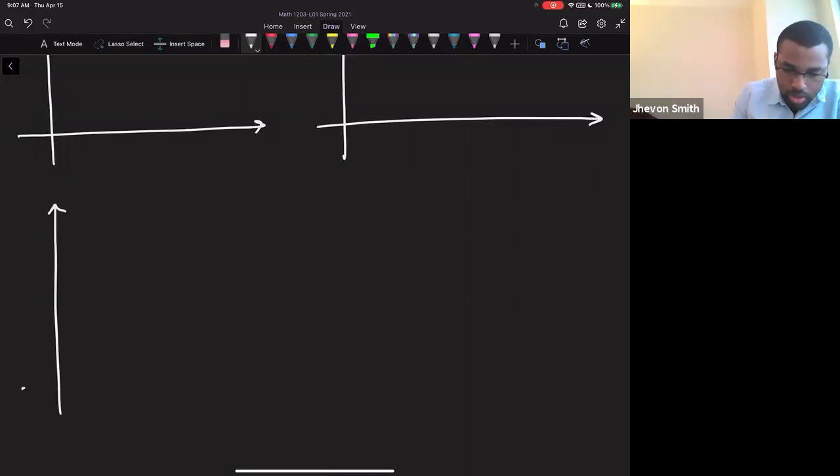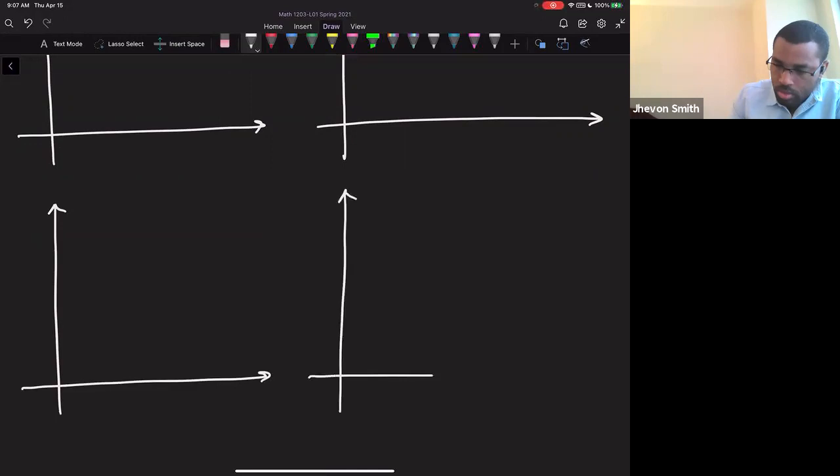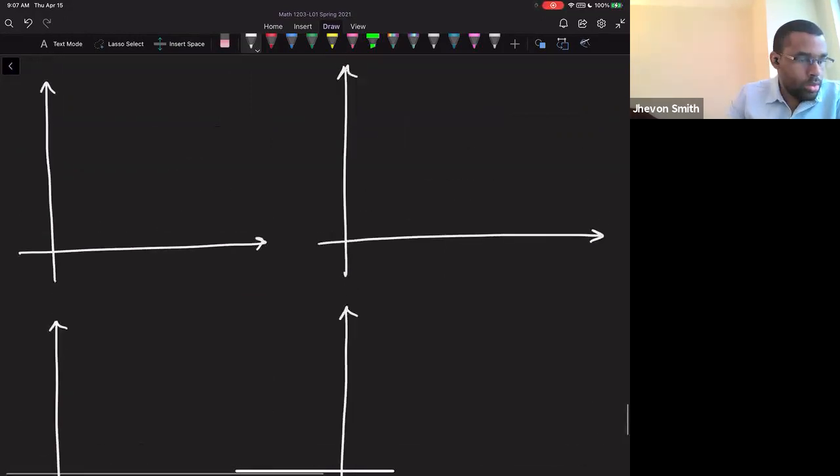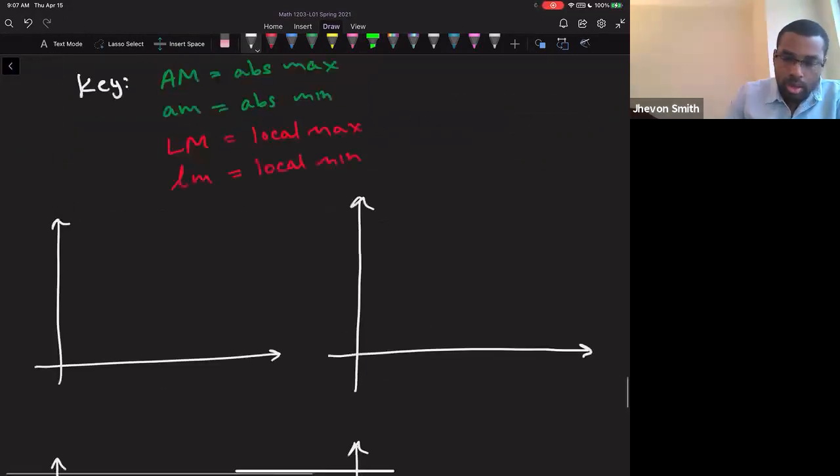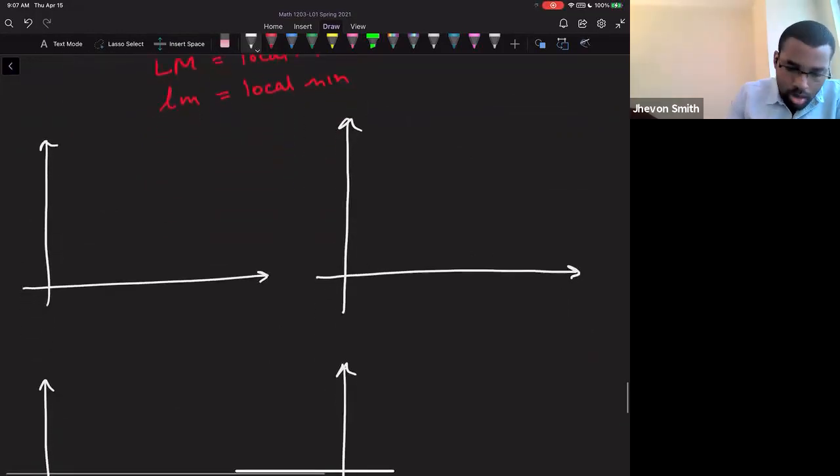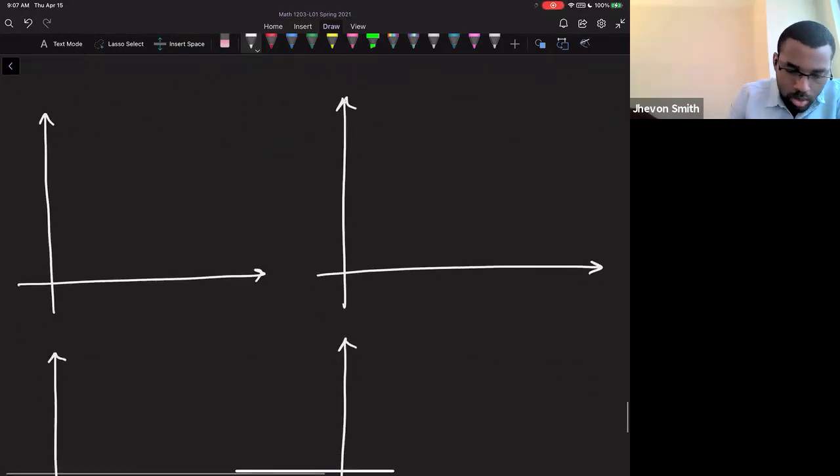I'll do 6 examples. What will always be in play is your A and your B. So that's the interval we're looking at, the interval AB.